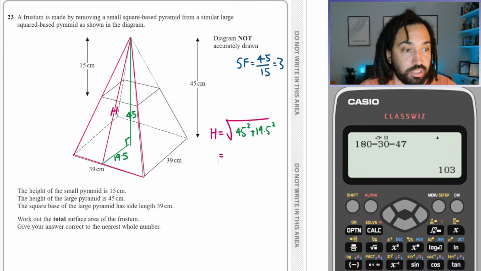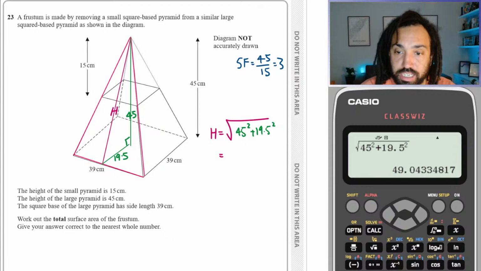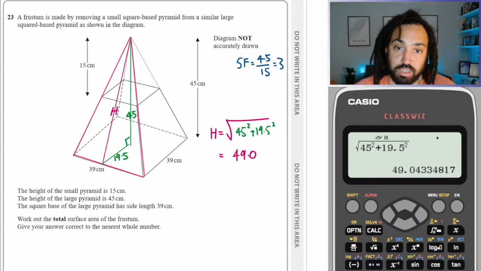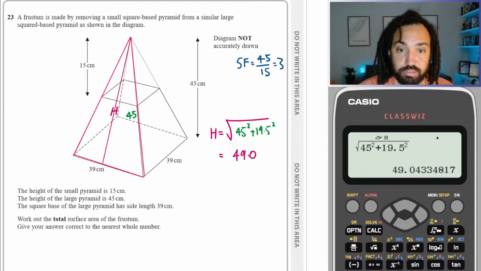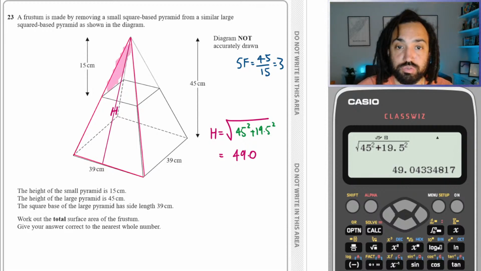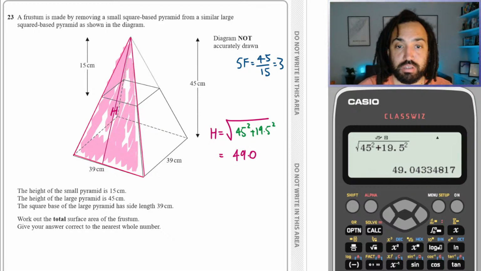Okay, so I could do that on my calculator. And I get 49.0. Okay, so now I can work out the area of this whole front face here. I'm not going to need this green triangle anymore, so I'm going to get rid of it. So this pink front face, I can work out its area.